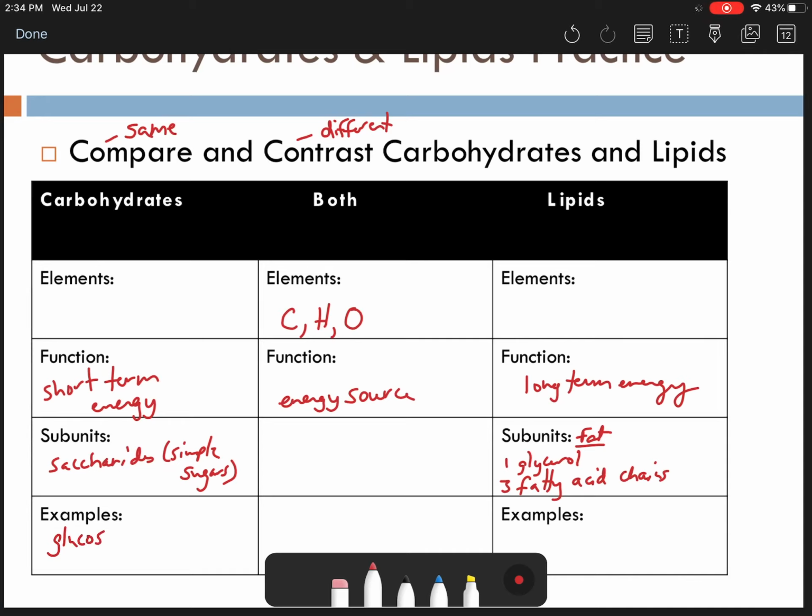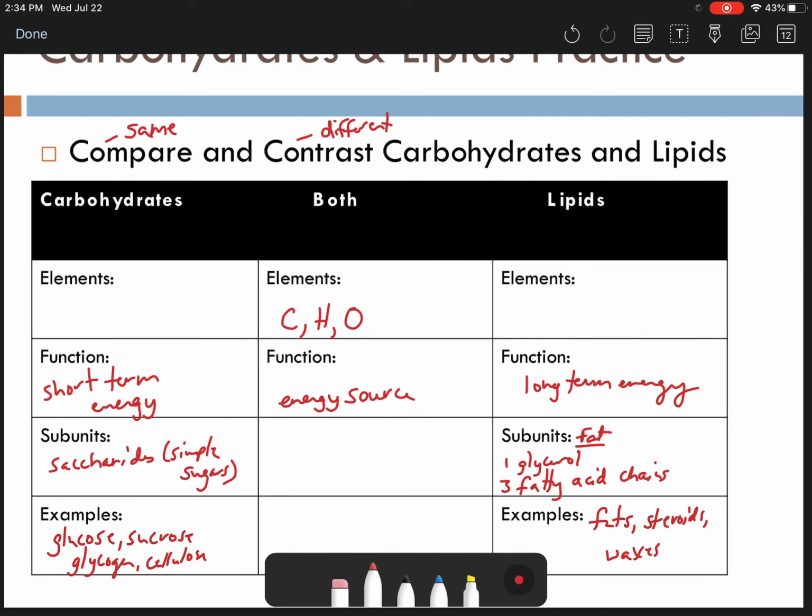Remember, you can have glucose, sucrose, glycogen, we talked about, cellulose. So lots of examples of carbohydrates. For lipids, remember fat was one of them, and also steroids and waxes. All of those are included with the lipids.